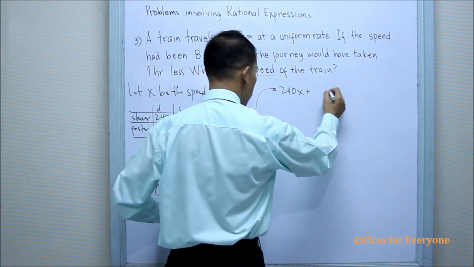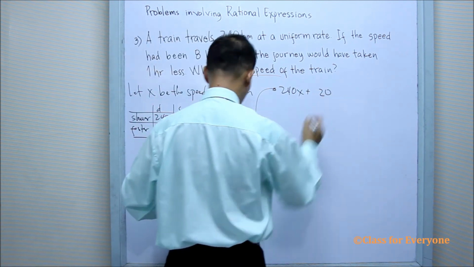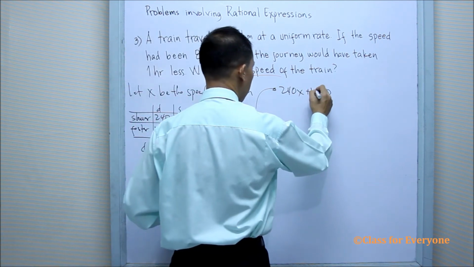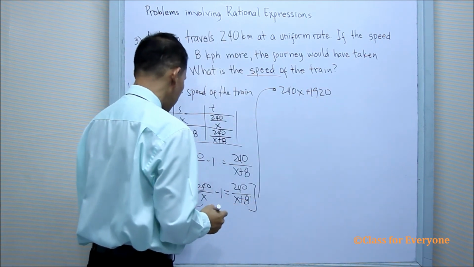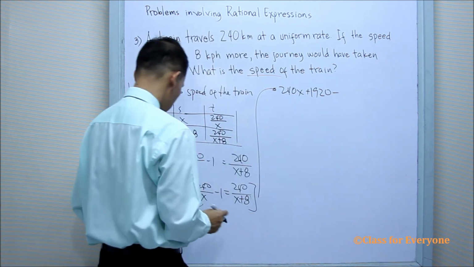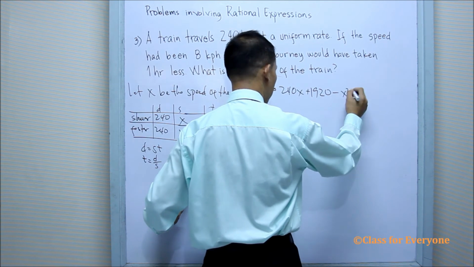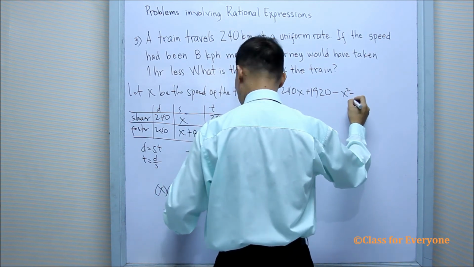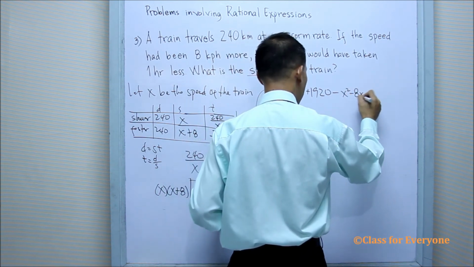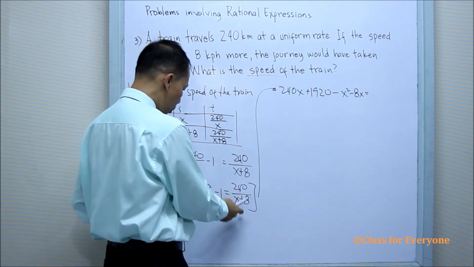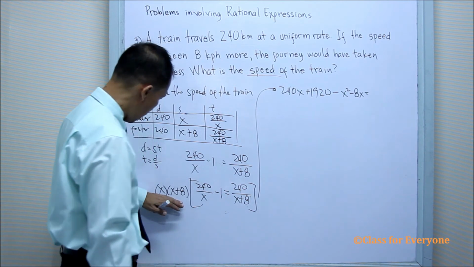240 times 8 is 1,920, minus, and then the LCD times negative 1. That will be minus x squared minus 8x equals 240 over x plus 8 times this.